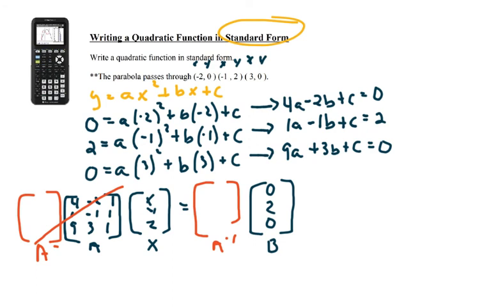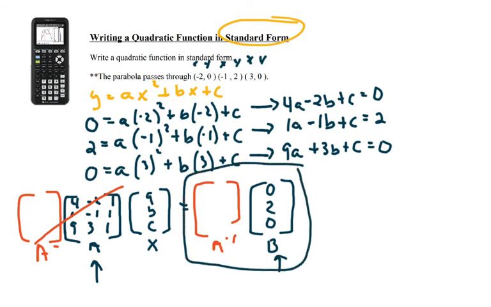But you'll notice I wrote x, y, z because I'm used to doing that. This is actually ABC because that's what we're solving for. And what we have to do is go to our calculator, put in matrix A, which is our coefficients matrix, put in matrix B, which is our solution matrix, and simply multiply A inverse times B to get our answer.